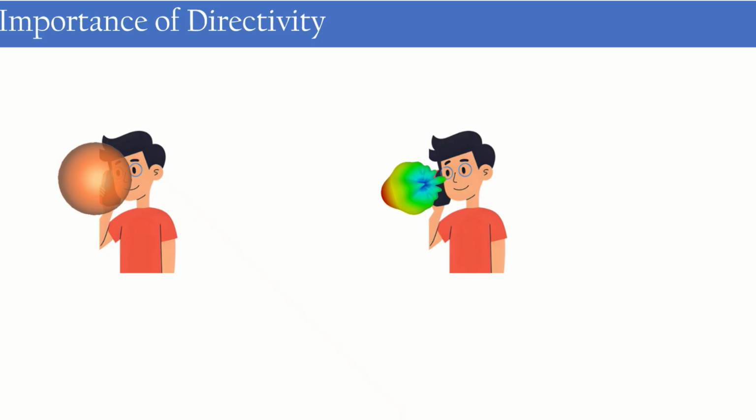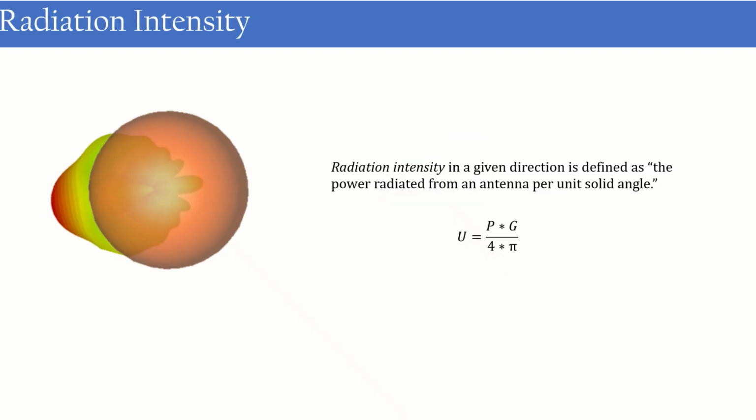Let's see the definitions of the directivity. Before that, let's revise what is meant by radiation intensity. We have a full-length video on radiation intensity on our channel. To get more idea, you can watch that. If you have a directional antenna and an isotropic antenna, the radiation intensity of the antenna is defined as the power radiated from an antenna per unit solid angle.